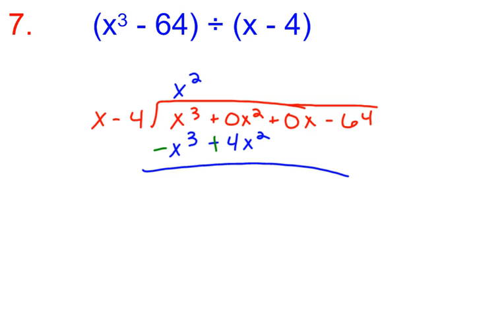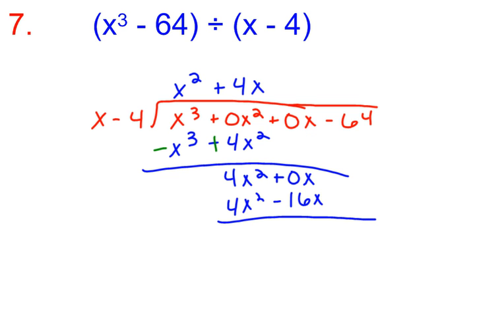Change my signs because I'm subtracting. So I have 4x squared plus 0x I bring down. X times what makes 4x squared? 4x. So again, I distribute and get 4x squared minus 16x. Change my signs. So I have 16x minus 64 when I bring this one down.